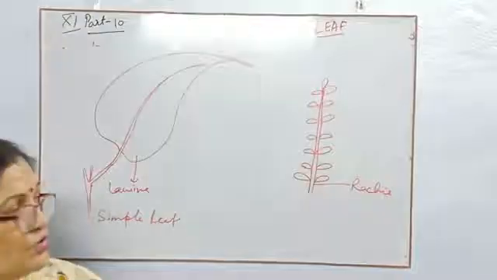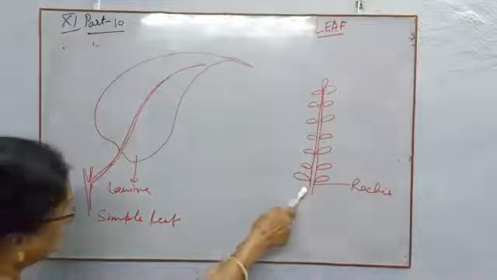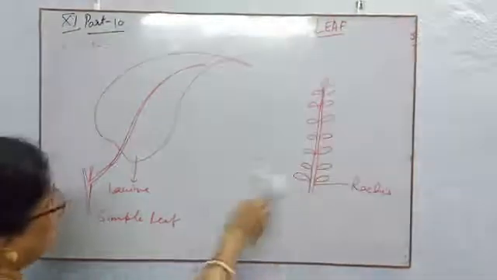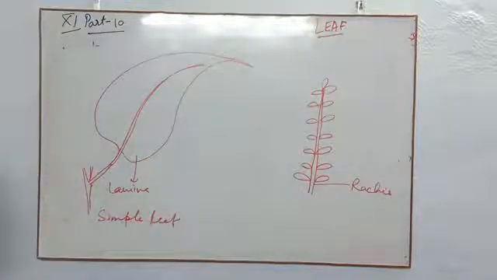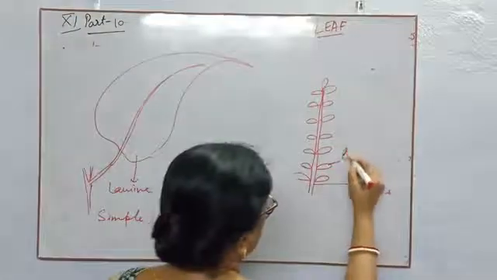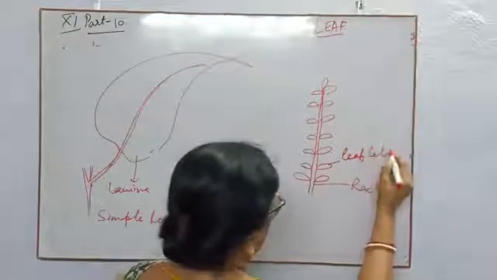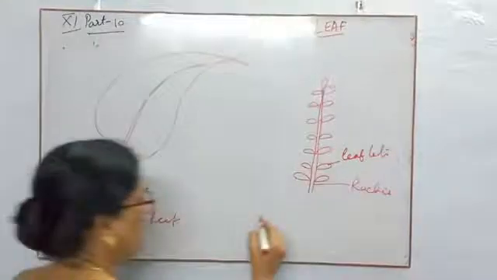There will be no other parallel veins, and the midvein remains single, and the lamina becomes bifurcated or divided into so many or several parts, and these are known as leaflets. Parts of the lamina are called leaflets. So this is the compound leaf.